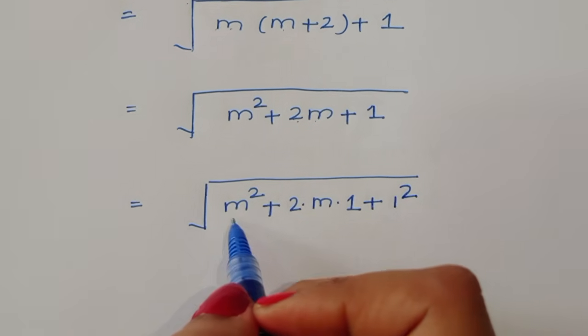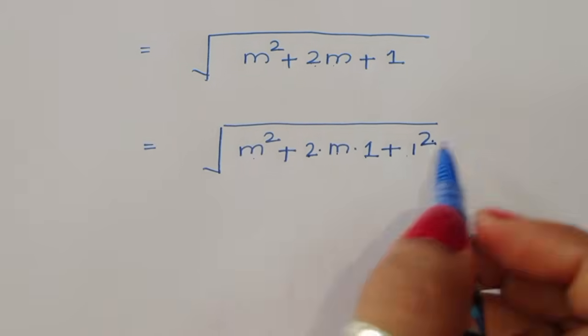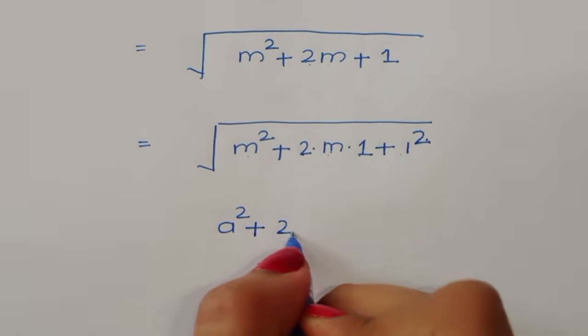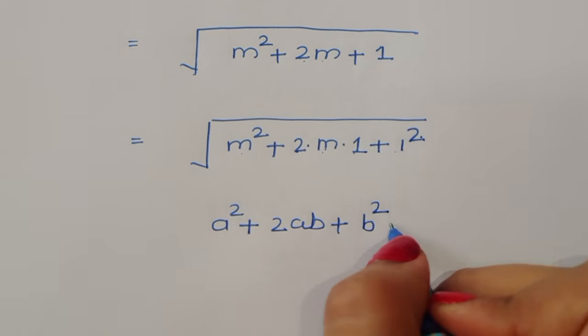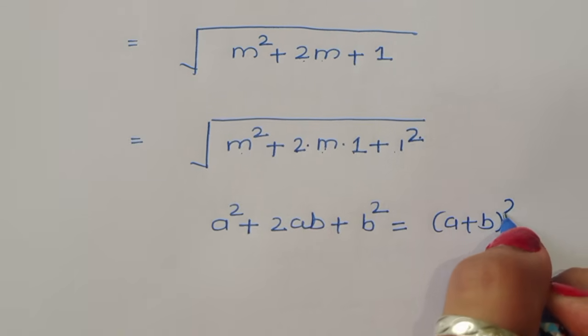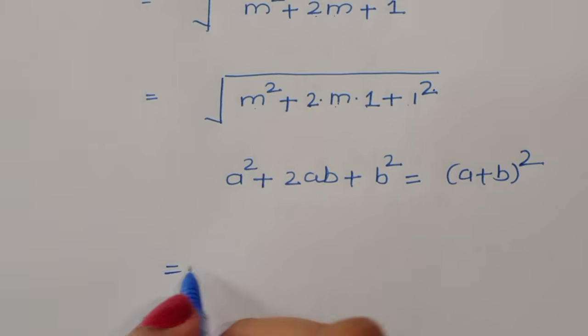Now you can see this is the A square plus 2AB plus B square formula, and this is the formula of A plus B whole square.